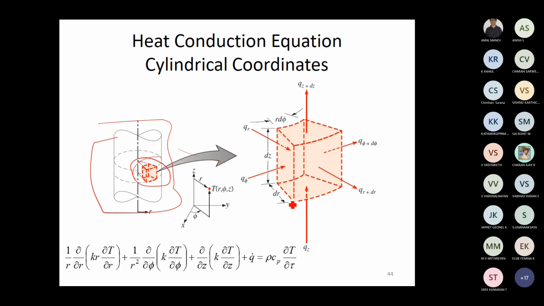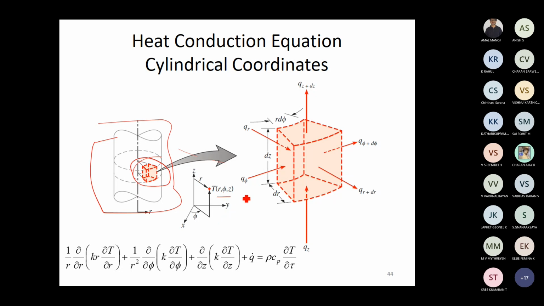So differential radius dr, differential height dz, and for cylinders the third dimension is the tangential direction, which is the phi direction. So you can see here r, phi and z. R is the radial direction, phi is the tangential direction, and z is the longitudinal direction. So these are the three principal directions in the cylindrical coordinates.